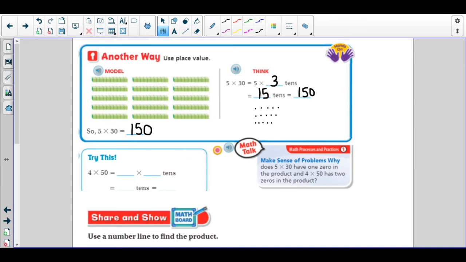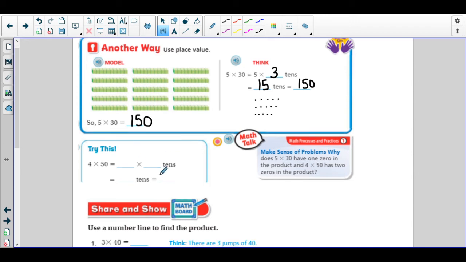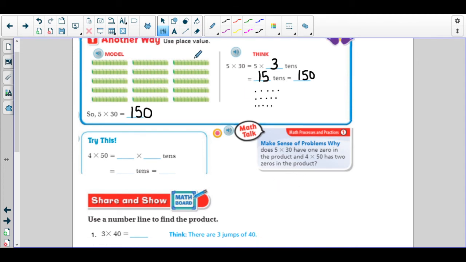All right. Now here's a tricky one. I really like this one here. 4 times 50 is equal to what? Well, before we do this, let's move it over to here and make sure that we're not confused.